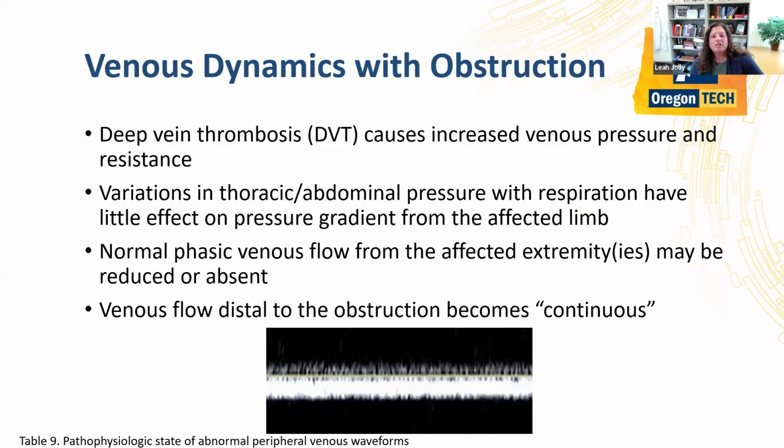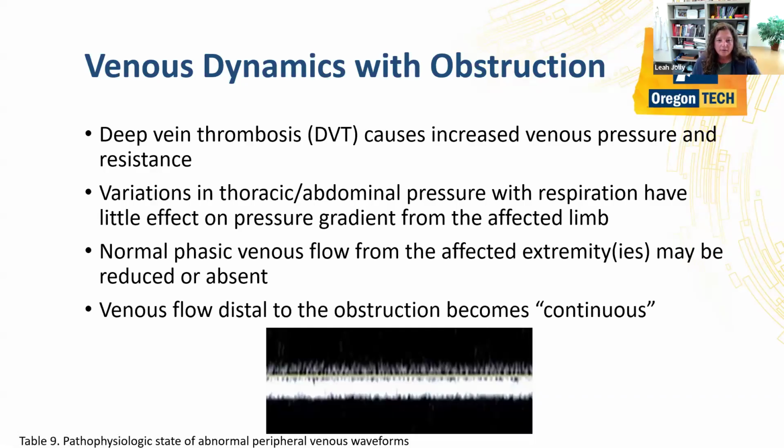If we have an obstruction, so this will be covered more tomorrow as well, but now we see there is no respirophasicity, there is no pulsatility, and that is because there is an obstruction somewhere between where we are scanning and the diaphragm and the heart.